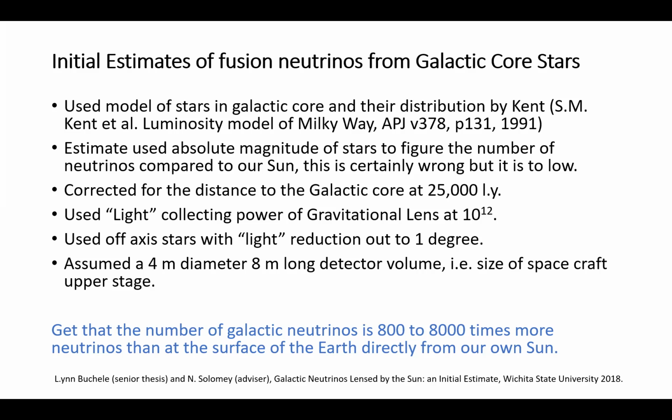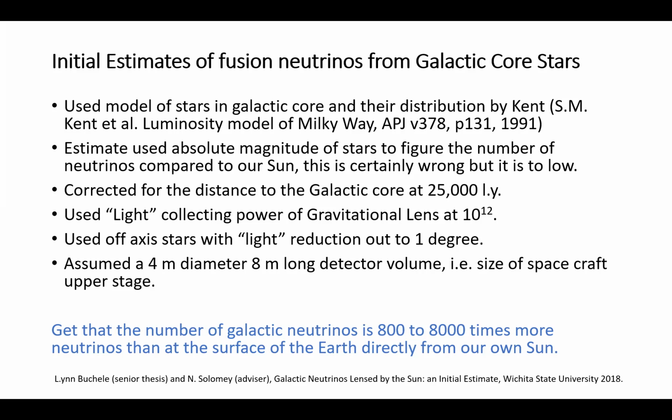From all of these assumptions, which, I agree, are just estimates, and by the way, this is the estimate we used in our proposal to NASA to get funding, the number of galactic neutrinos at the gravitational focus with this size detector volume is somewhere between 800 and 8,000 times more neutrinos than at the surface of the Earth directly from our sun's fusion process.